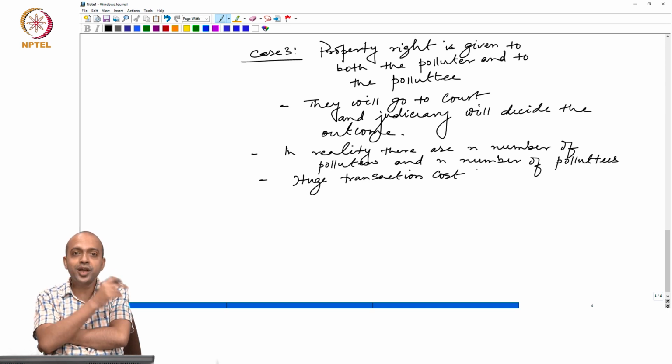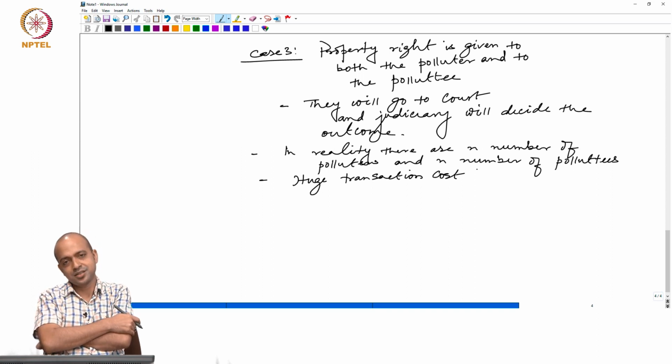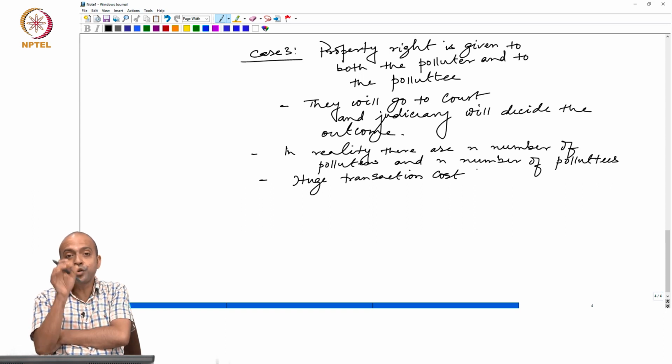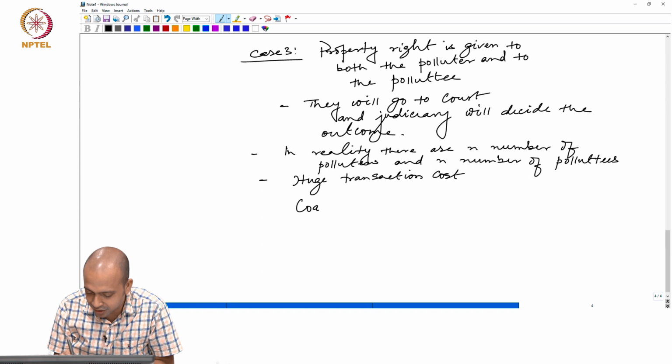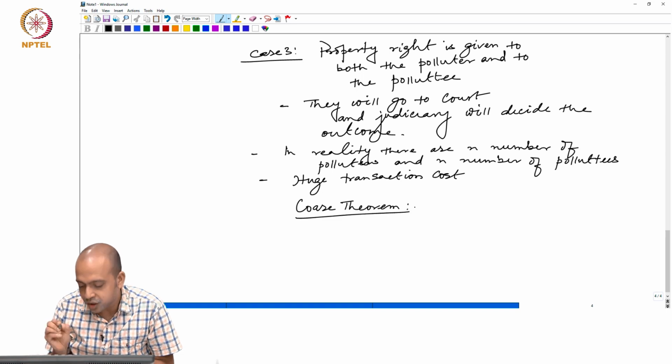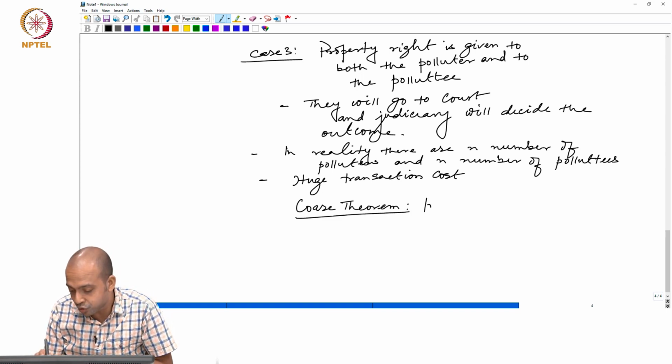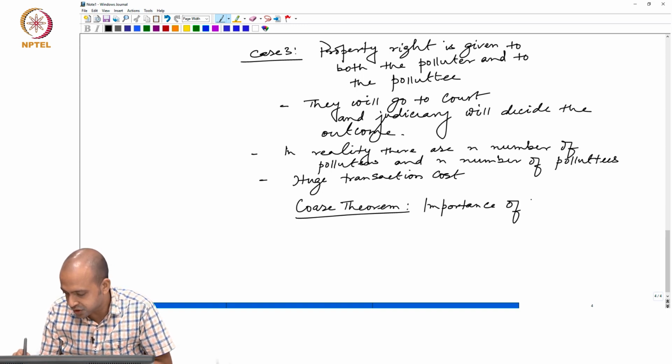That is what I actually wanted to mean. With my theorem, I only wanted to establish the importance of transaction cost. So, by the Coase theorem, he basically said the importance of transaction cost.